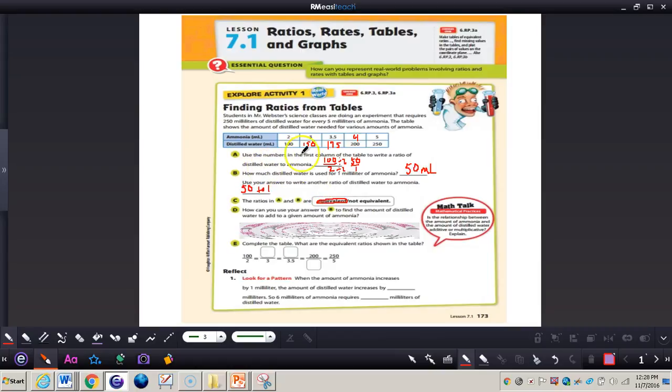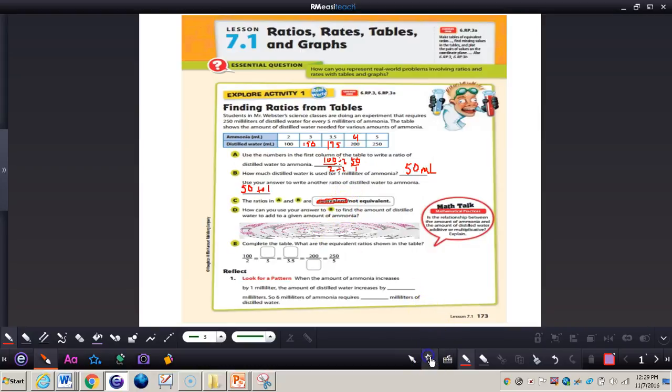And why is that? We know that the ratio 100 to 2 and 50 to 1, we divided both 100 and 2 by 2 which gives us 50 to 1. So we divided both top and bottom number there of our ratio. So that's how we know that they would be equivalent.